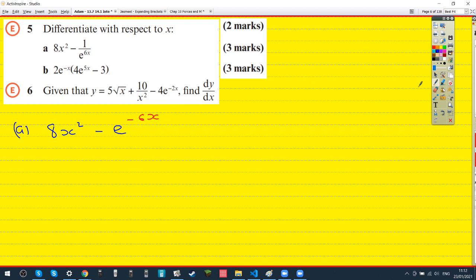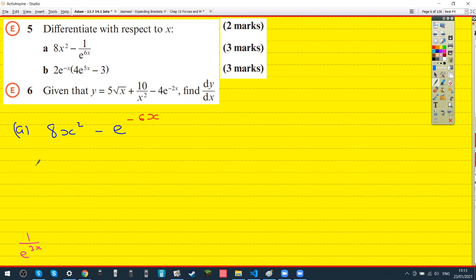Okay, and differentiate. So you'd get 8x for the first one. No. Power times coefficient. Oh, I thought you took away the minus 1 from the power first. Other way around.